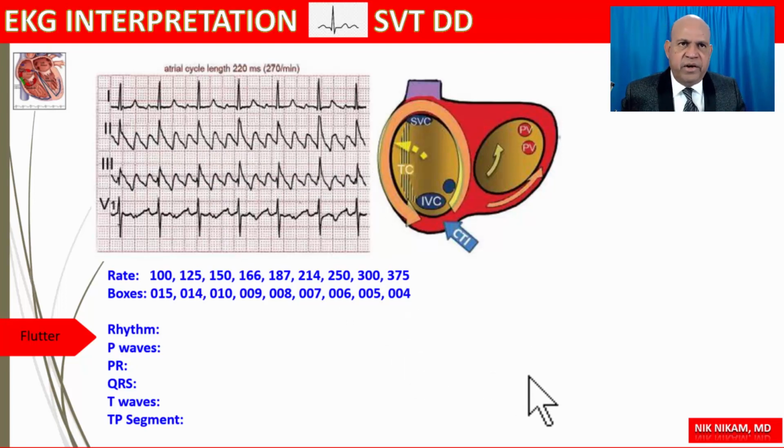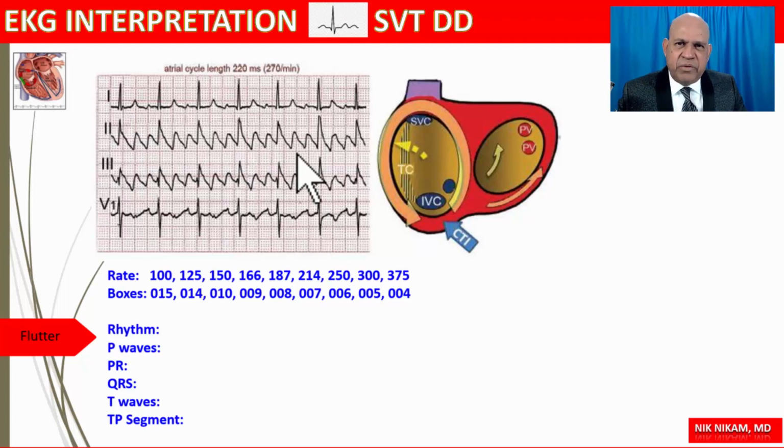Atrial flutter rate, I talked about, is anywhere from 250 to 320 beats per minute. The ventricular rate can vary depending upon the degree of AV conduction. Sometimes an uncontrolled atrial flutter can have 1-to-1 conduction with a ventricular rate as fast as the atrial rate.